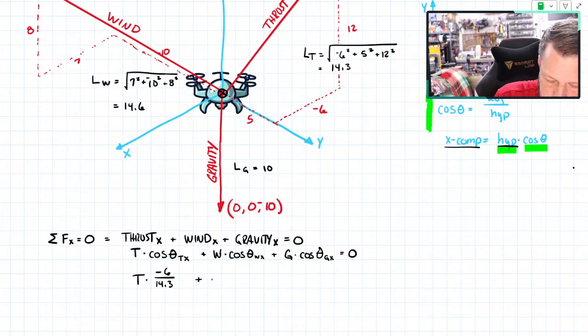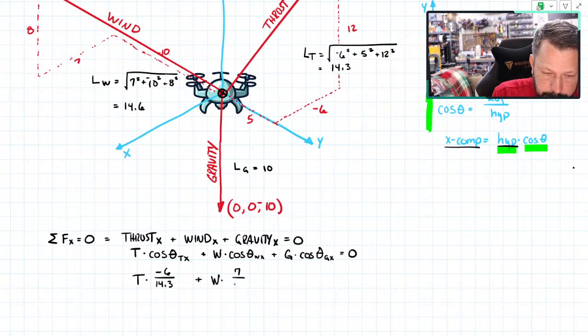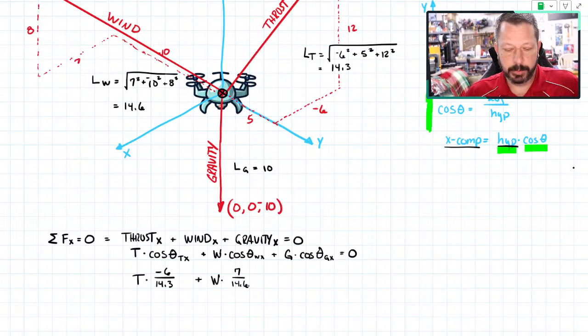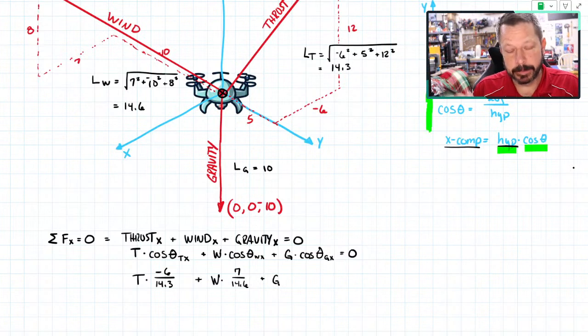Plus W times the cosine of theta wx. So that would be the x component of the wind, which I had as 7, over the length of the wind, or the total force of the wind, or the magnitude, maybe that's a better word, magnitude of the wind, 14.6, plus the gravity or the weight of the drone, times the x component of that one, which is 0.